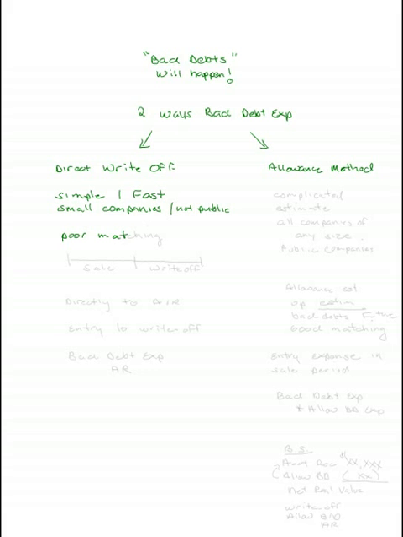You're not going to write off a bad debt immediately. You're going to do a lot of collection effort. And so what happens in the direct write-off method is that the sale gets picked up in one accounting period and the write-off gets mismatched and picked up in another.